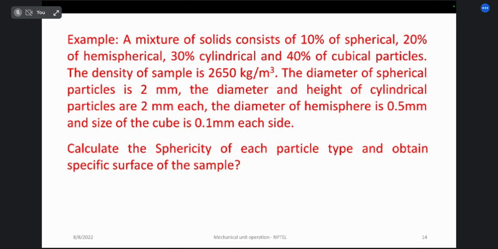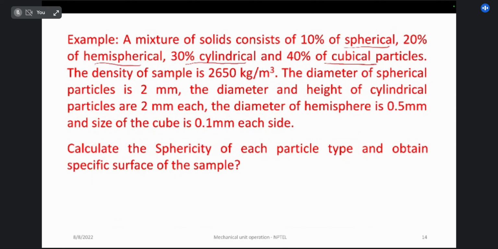In this, as you can see, the mixture of solid consists of 10% spherical, 20% hemispherical, 30% cylindrical, and 40% cubical particles. There are 4 different types of shapes in this mixture of solid.